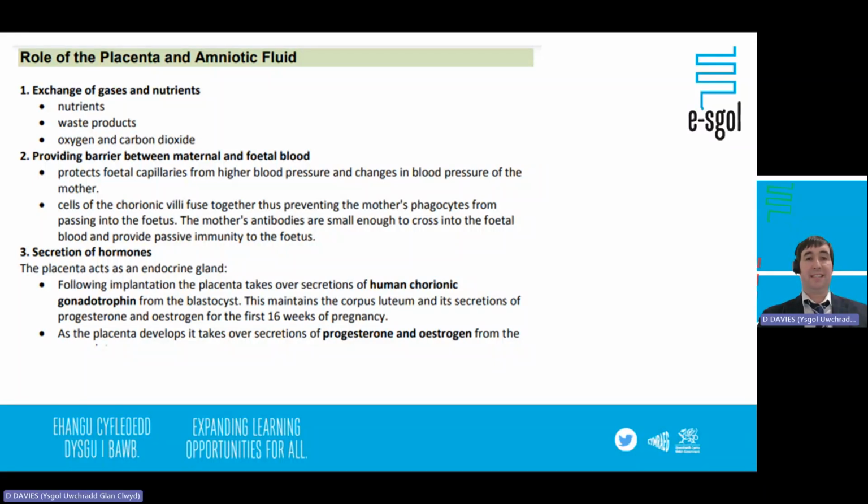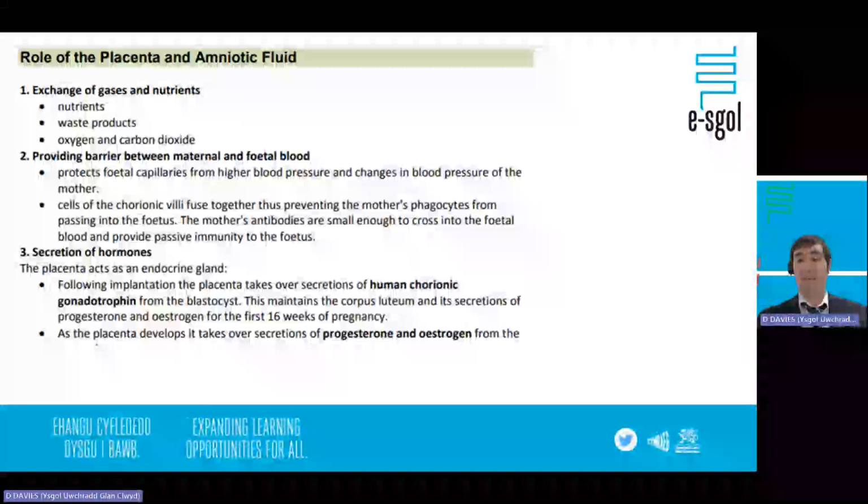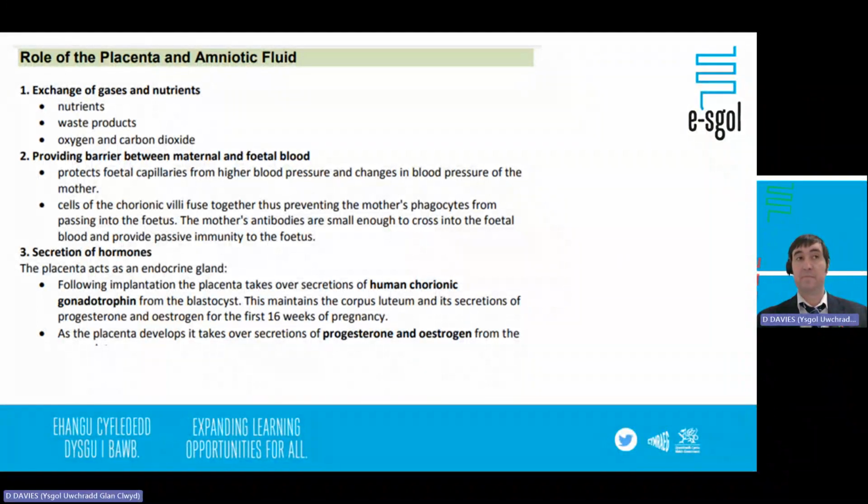The placenta provides a barrier between the maternal blood and the fetal blood. It protects the fetal blood from the higher pressure of the mother's blood. Cells of the chorionic villi fuse together, preventing the mother's phagocytes from passing on to the fetus. Obviously the developing fetus has a different genetic makeup to the mother, which means the mother's immune system would destroy it if it could.